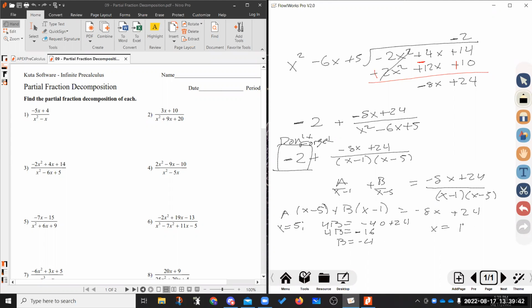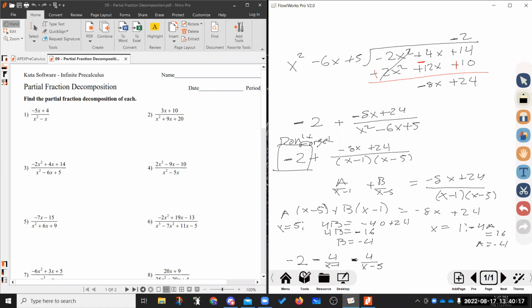When x is equal to 1, then we have -4a is equal to -8 plus 24 is 16, and a is equal to -4 as well. So our final answer is going to be -2 minus 4 over x minus 1 minus 4 over x minus 5. Because these are -4s, we're just going to put them as subtraction there.